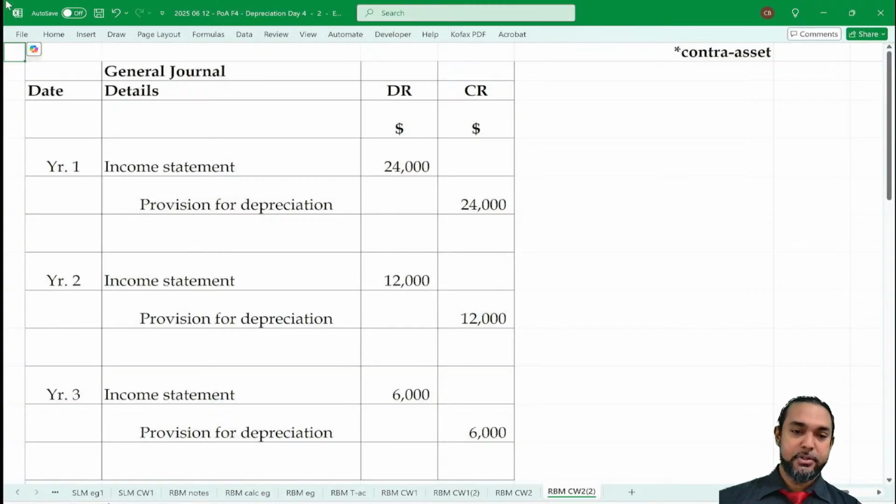Now, yes, you can have narrations or narratives that tell you what the above entry is about. In each year, it would simply say to record the depreciation charge for the year. Let me see if I can fit it in. You don't have to.